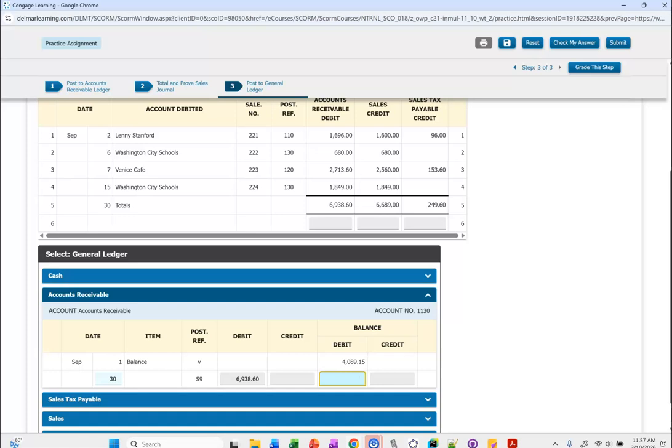We update our new total by adding to it the 4,089.15 to get 11,027.75.